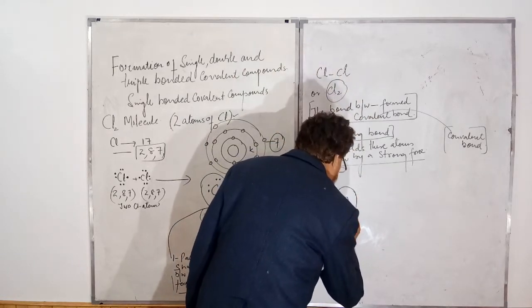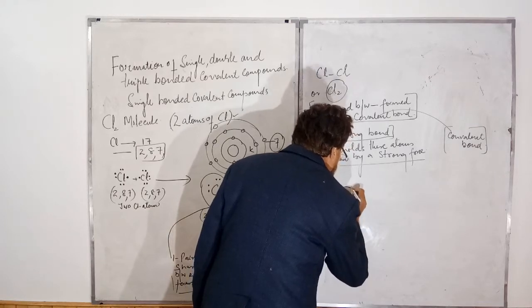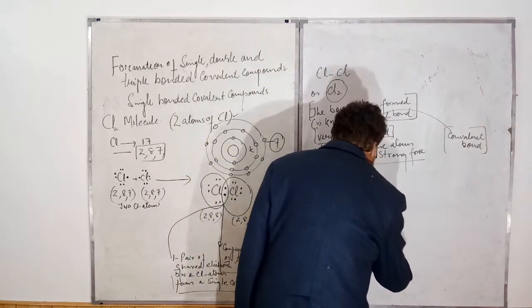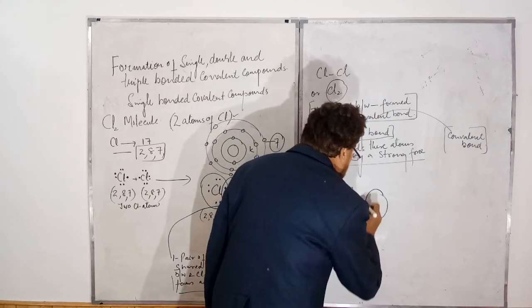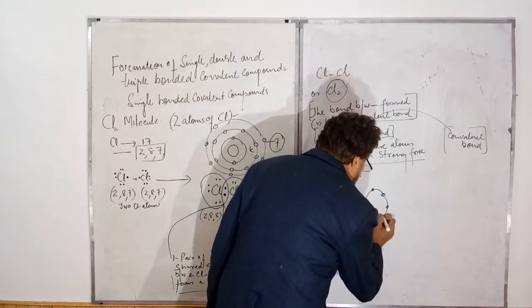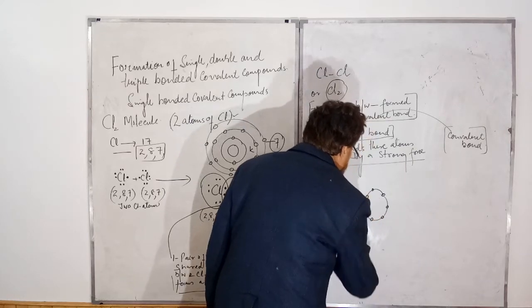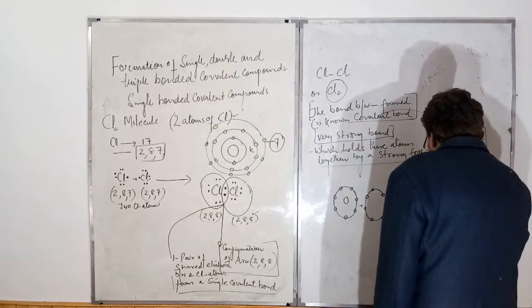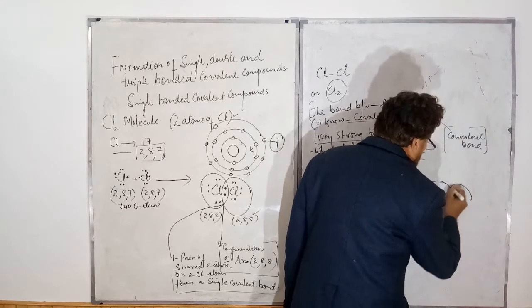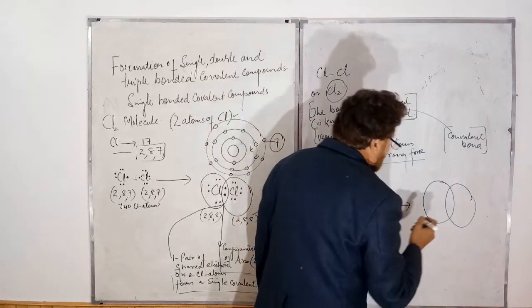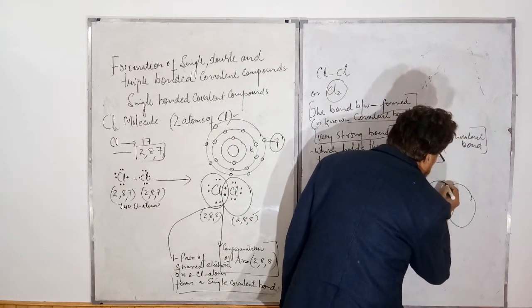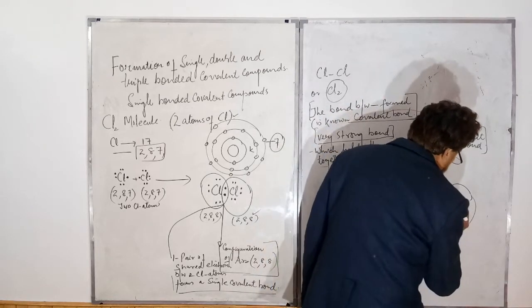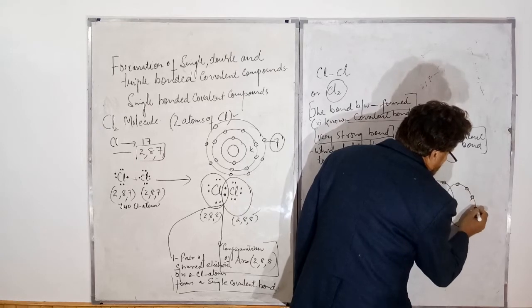It consists of 7 electrons, plus one more chlorine atom with 7 electrons.